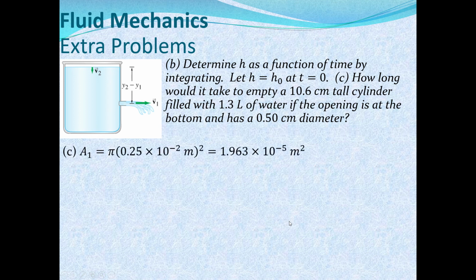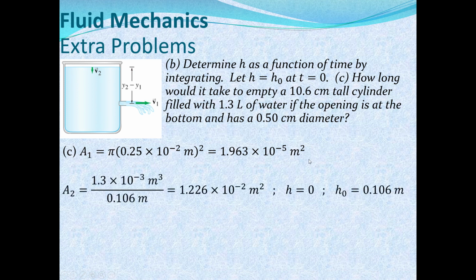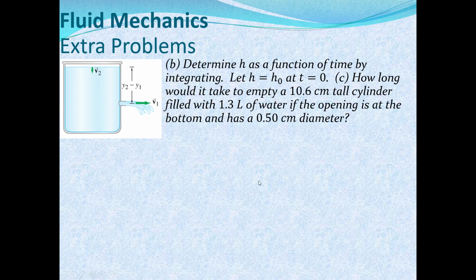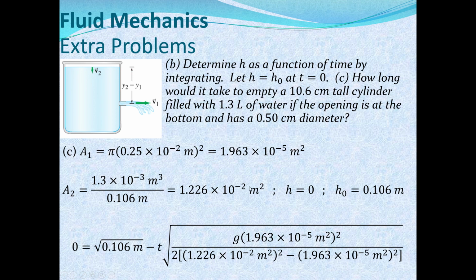Now for part C, I'm just going to take the numbers and plug them in. Easy peasy. They give us the diameter, so that's going to give us the cross-sectional area. We can use these numbers to find all the other things that I'm looking for.